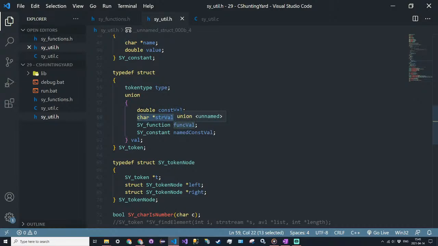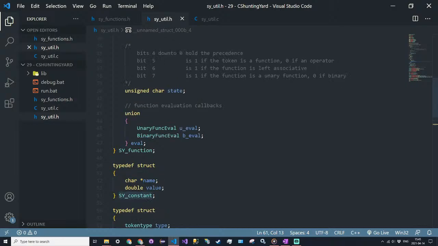I mainly have this for debugging purposes. There isn't too much use for it in the actual algorithm. I just had this when I was building up the code and testing it, just to make sure everything worked out. And then we also have 2 structures, a function and a constant, which we will look at right now.